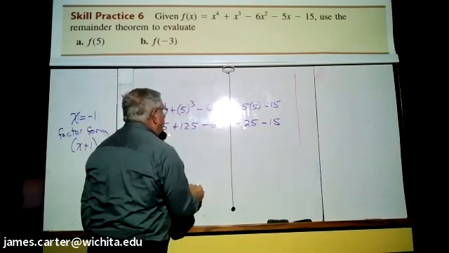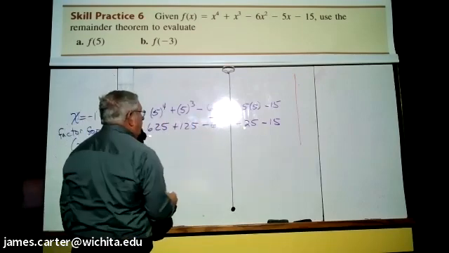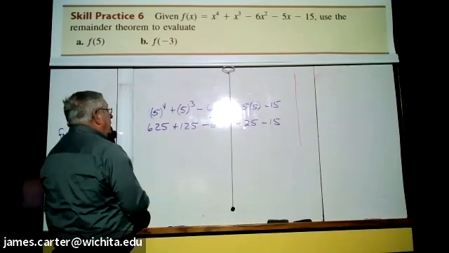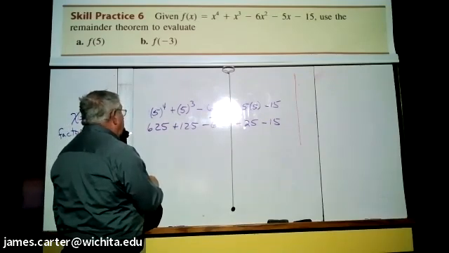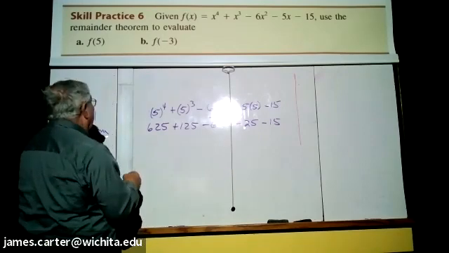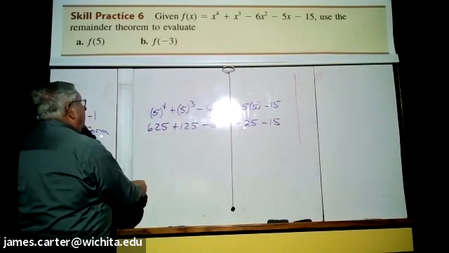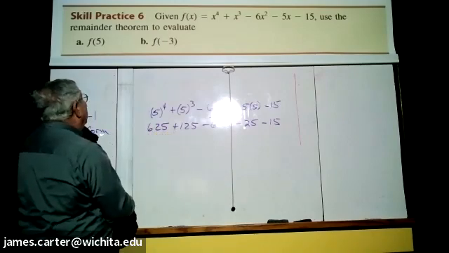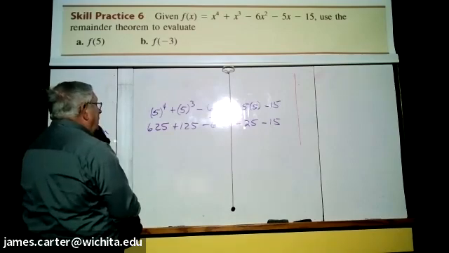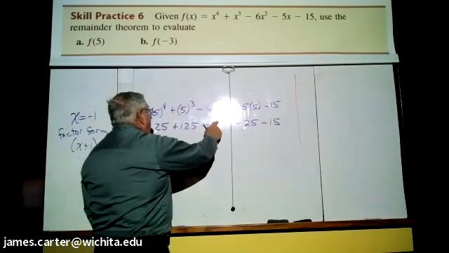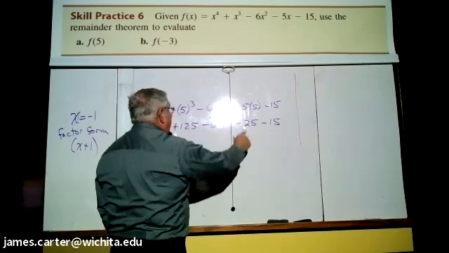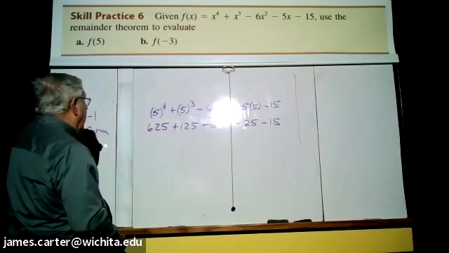Okay? So this is a negative 150. Now we just have to add these up and see what we get. So 625 plus 125 is 750, and you get 665.